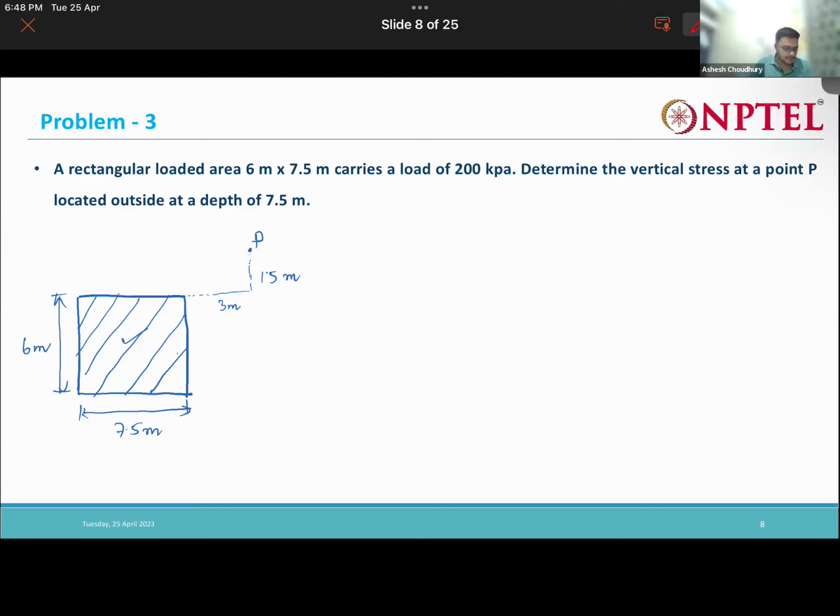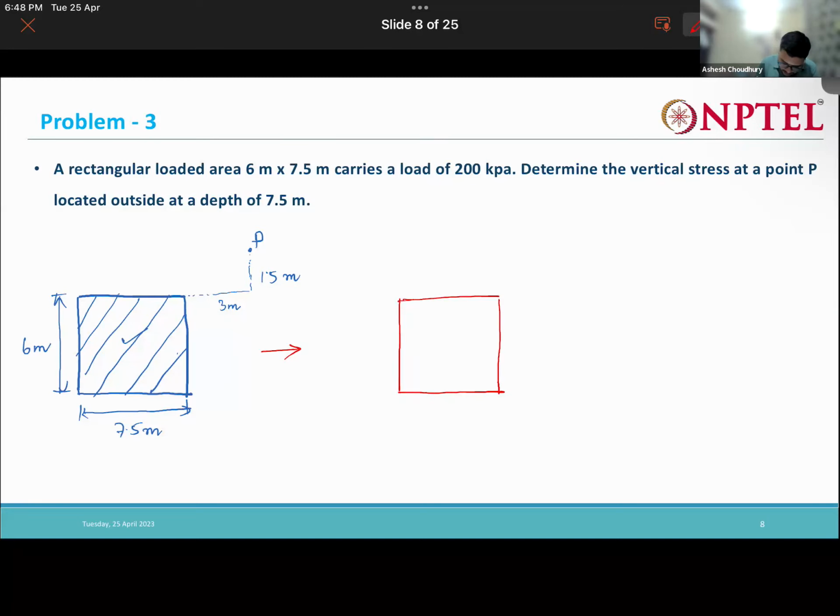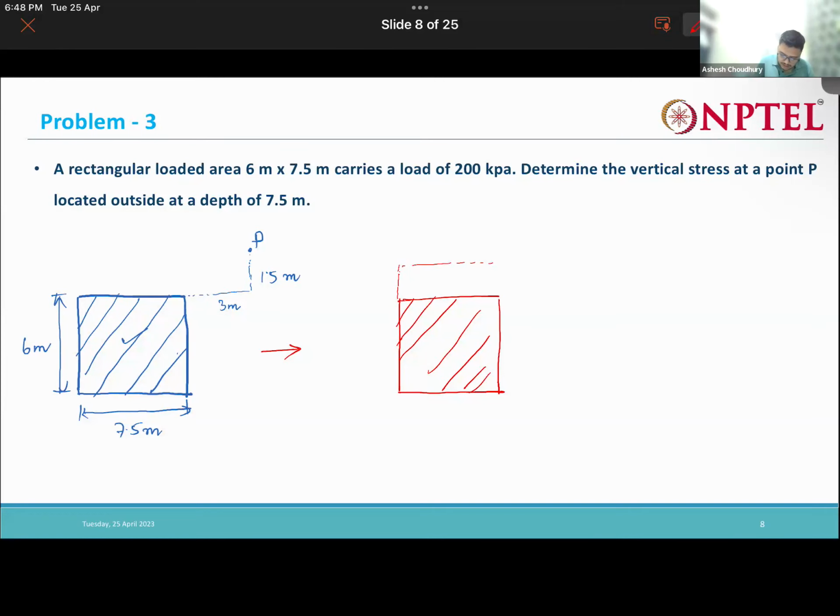So this thing, what we will be doing is that we will be converting to something like this. So this is our loaded area. So we will be drawing some more areas here. Okay, so our P point is here.